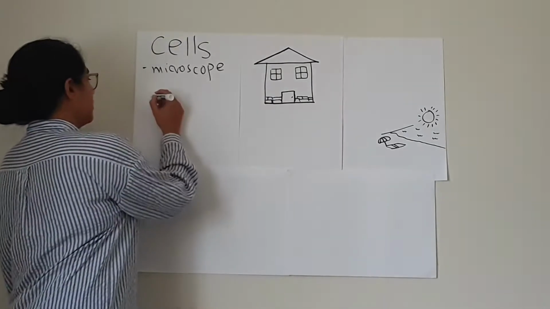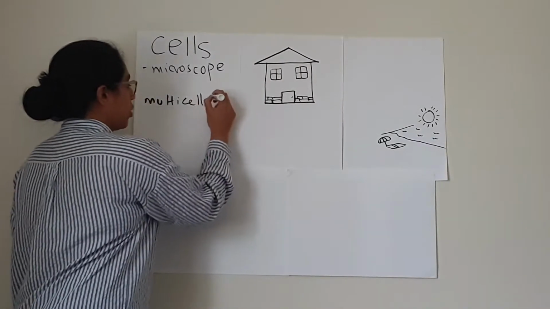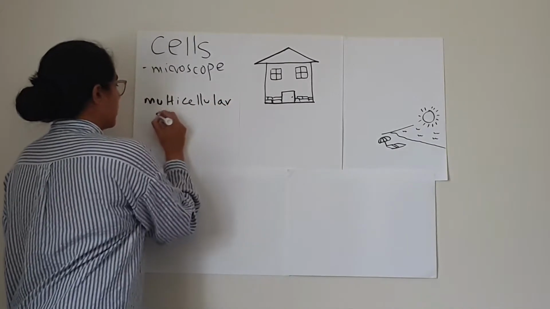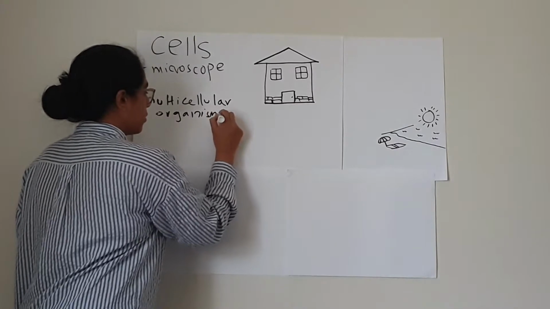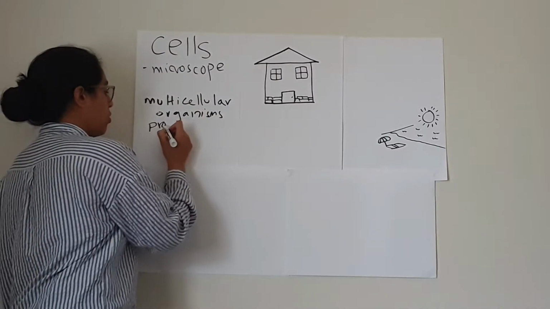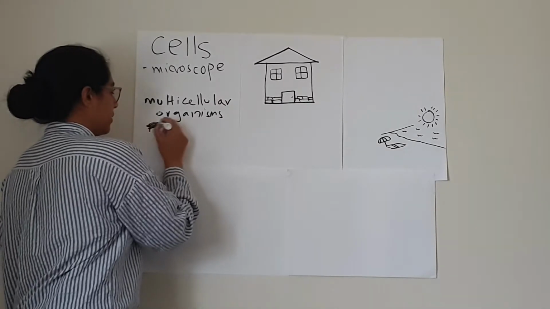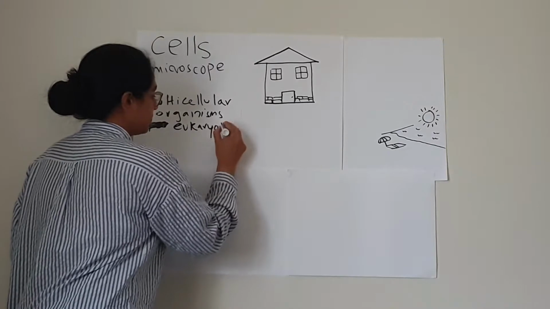They're called multicellular organisms, or eukaryotes.